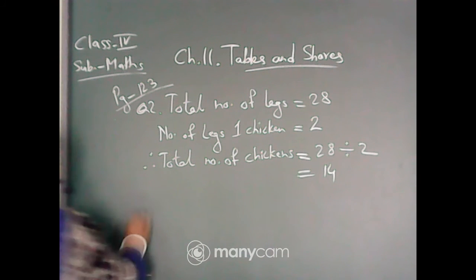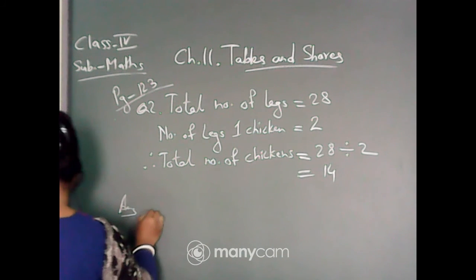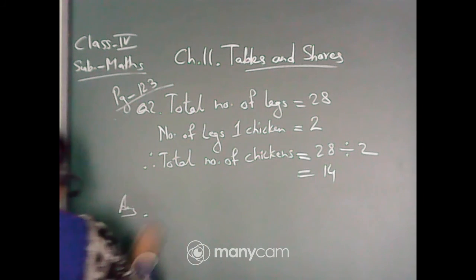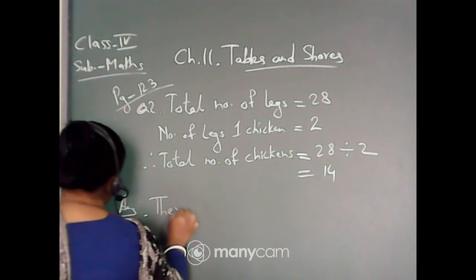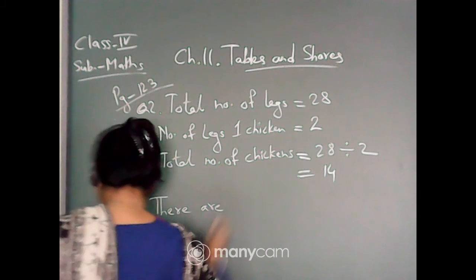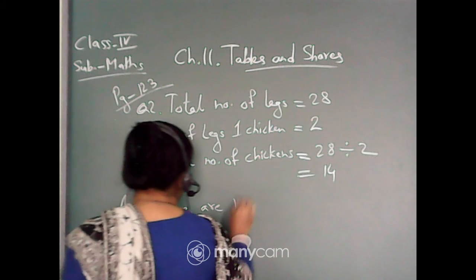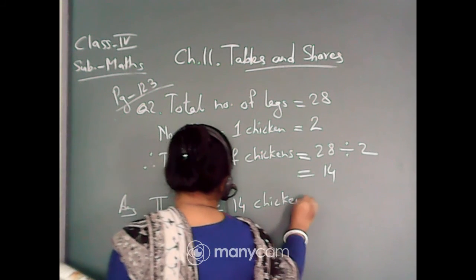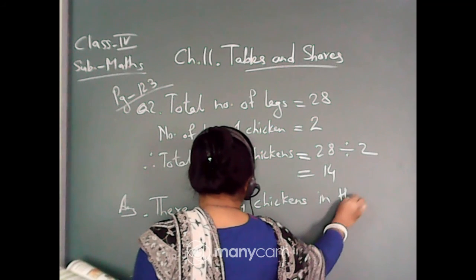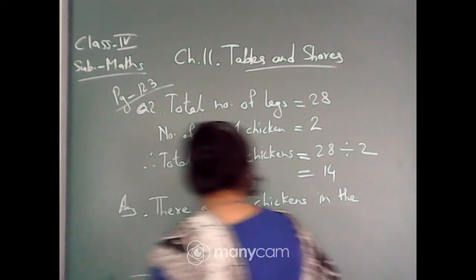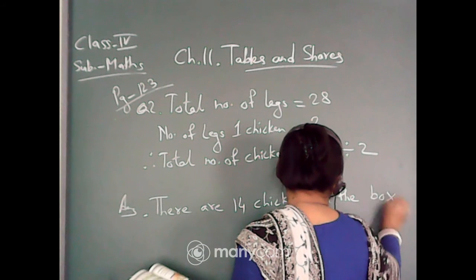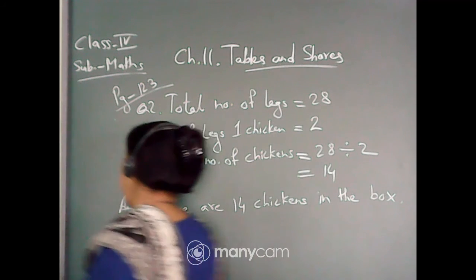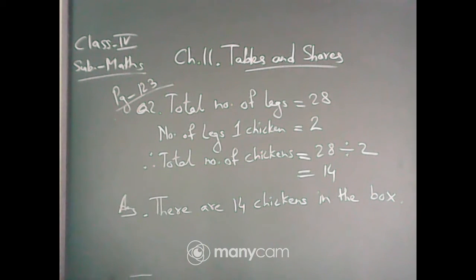So the answer you will write: there are 14 chickens in the box. There are 14 chickens in the box.